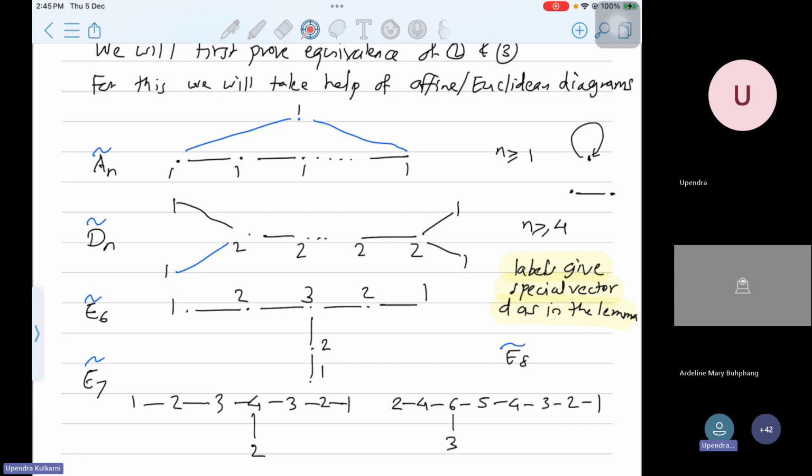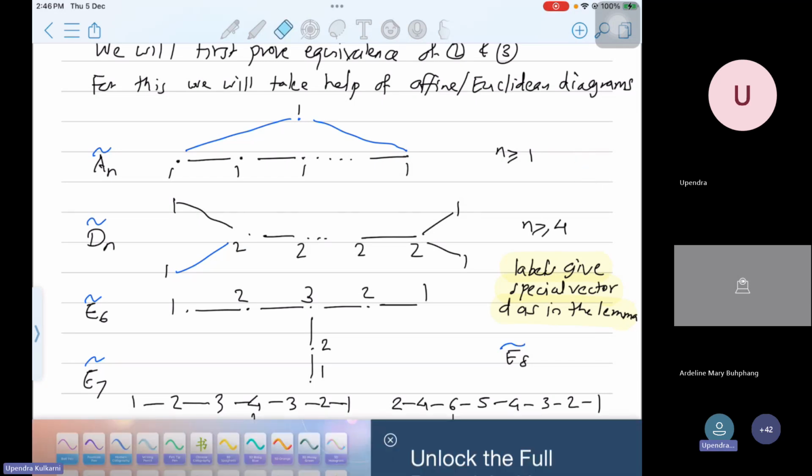I'm adding a vertex and completing the cycle. If you do not like it, delete this. But if I have A1, then I just have a single vertex, and A1 tilde means I add a vertex above and complete the cycle. That means I just get two parallel edges. So this is A1 tilde.